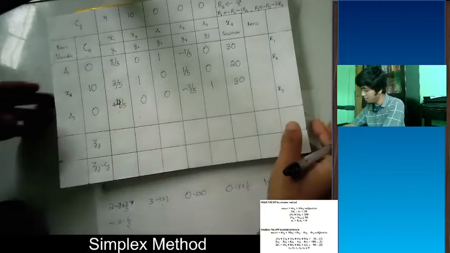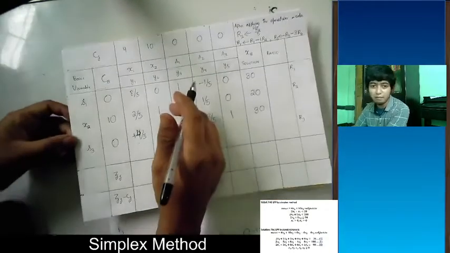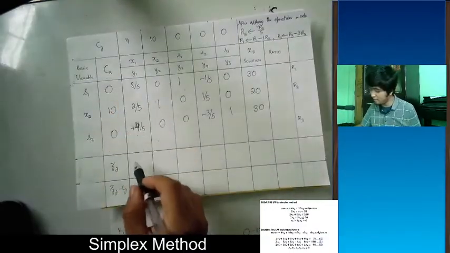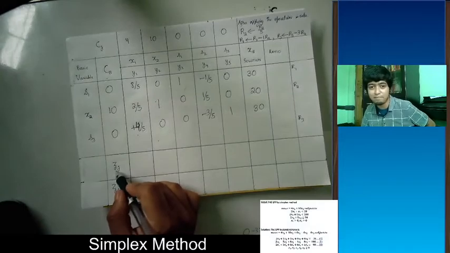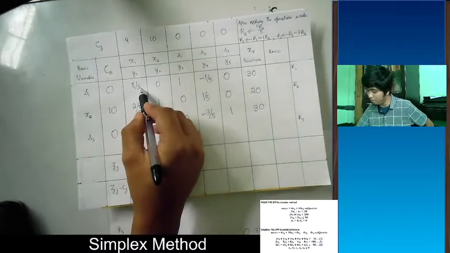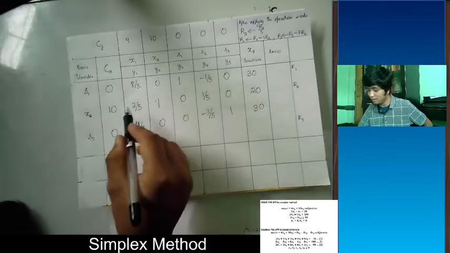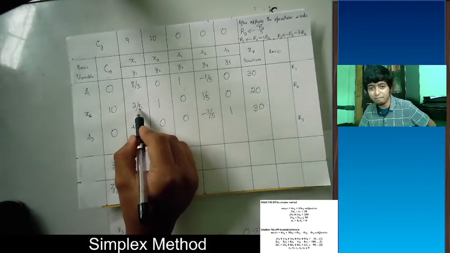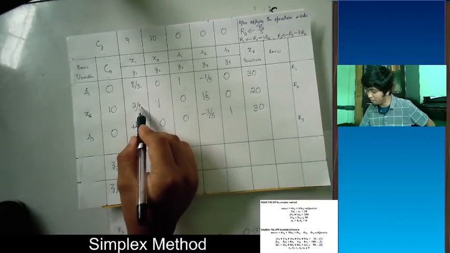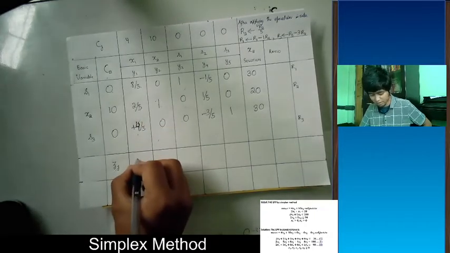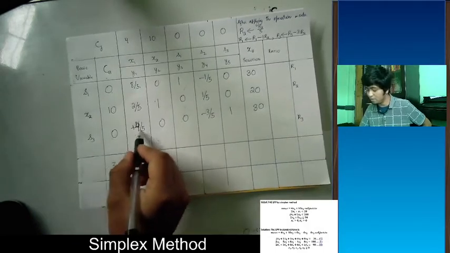Now that we have got all this, what can we do? Next, again, we will calculate Zj. 0 times 8 by 5 will give you 0, plus 10 times 2 by 5, which is 20 by 5, 4. It will give you 4, plus 0.